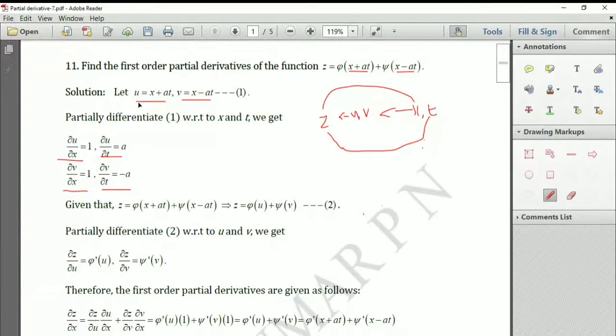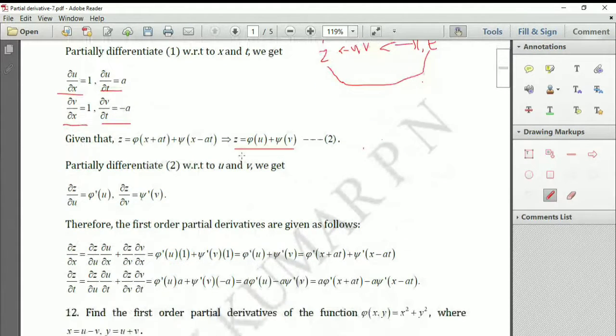Now we have assumed u as x plus at and v as x minus at. Therefore z becomes z equal to phi of u plus psi of v. So z is a function of u and v. So let us partially differentiate z with respect to u and v.